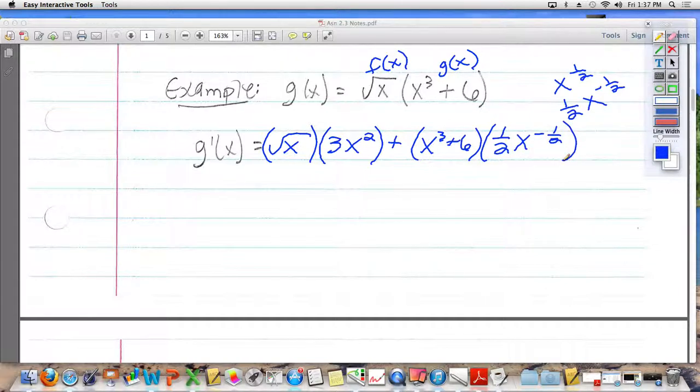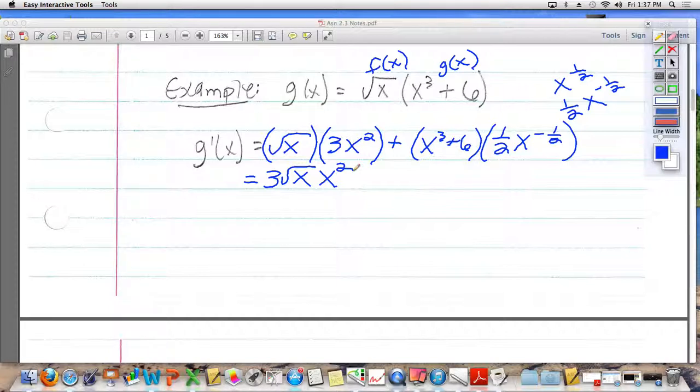Now, sometimes your answers are going to look horrendous, like this, but that's how you're going to have to leave your answer. Because what else can you do to this? I mean, you could clean it up a little bit. You could get rid of the parentheses here. You could say that this is equal to 3 the square root of x times x squared.